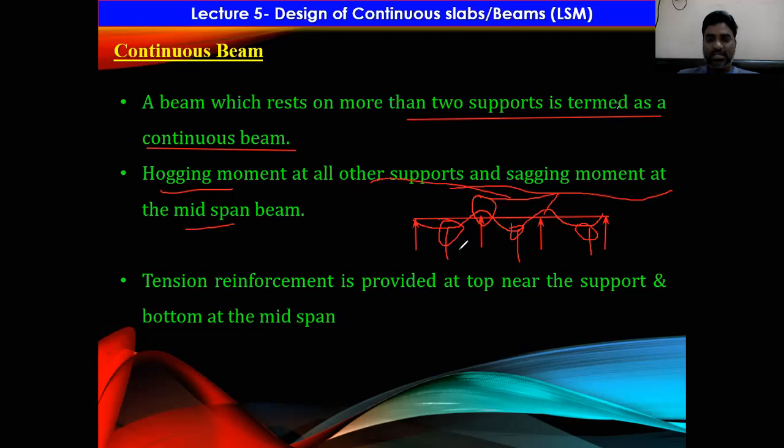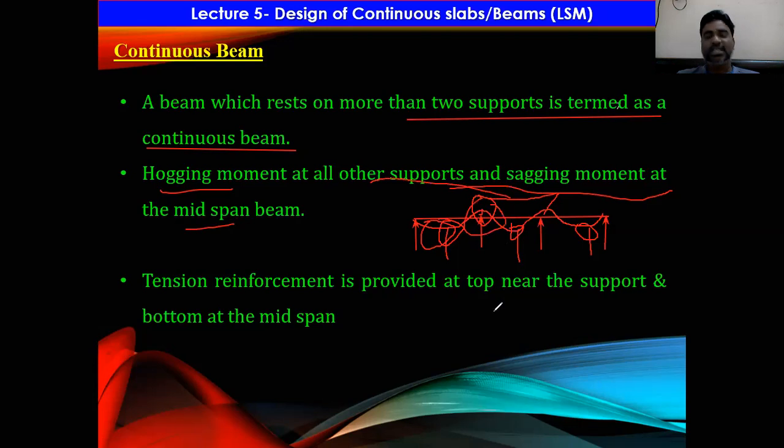Due to this, the tension reinforcement at midspan is provided on the bottom side, and at the supports it is provided on the top side. Because see, why are we providing the reinforcement? The reinforcement is provided to resist the tension forces, right? In this case, at the midspan the tension is in the bottom fiber.